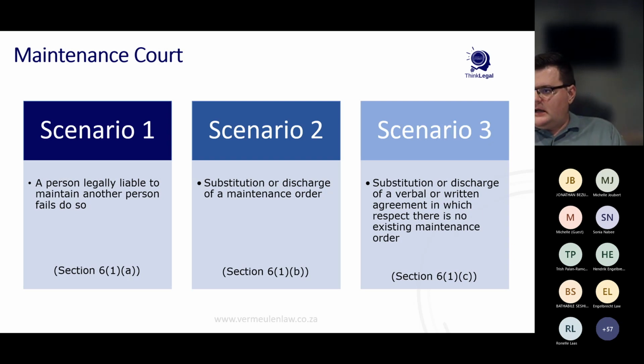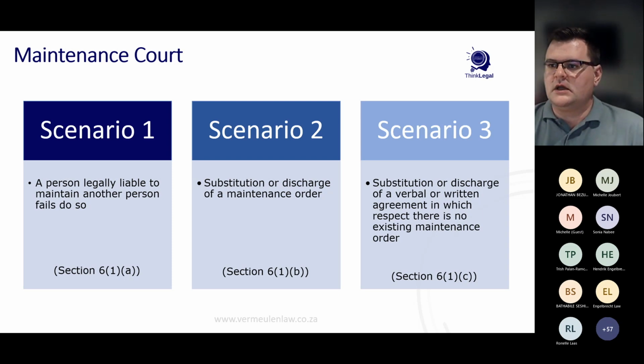Incidentally, those who want to start litigating in the maintenance court or want to understand maintenance court better, do start with Section 6 all the way through Section 10. It will give you a good idea of the functioning of the maintenance court, and it makes it quite a bit easier to read the remainder of the legislation through the lens of that.